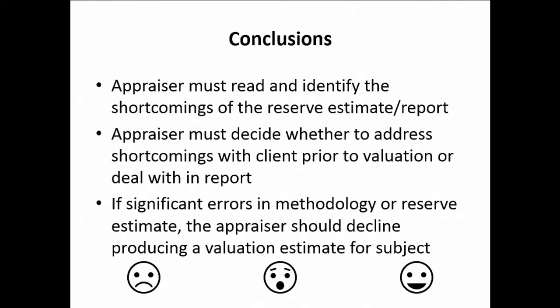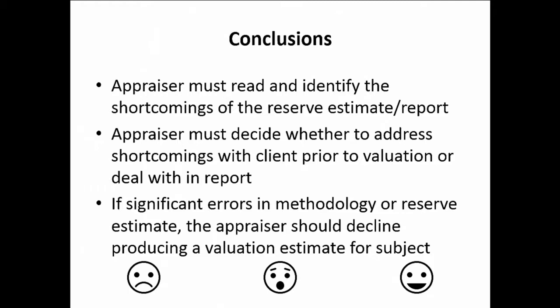Conclusions. The appraiser must sit down, carefully read and identify the shortcomings of the reserve estimate and report. Make a list. Call or contact the individual or the company to explain the shortcomings to you.